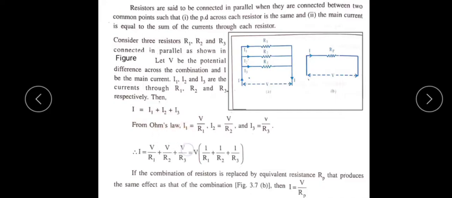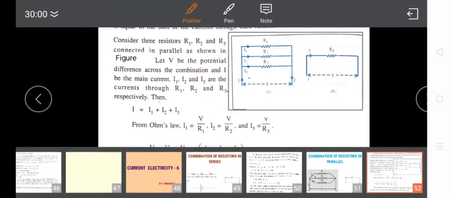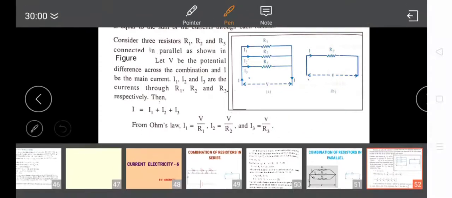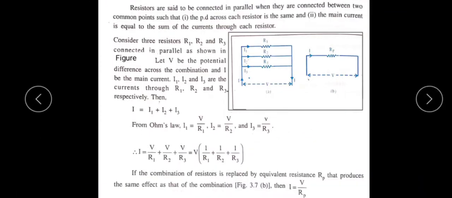From Ohm's law, we know that V is equal to IR, then I is equal to V divided by R.